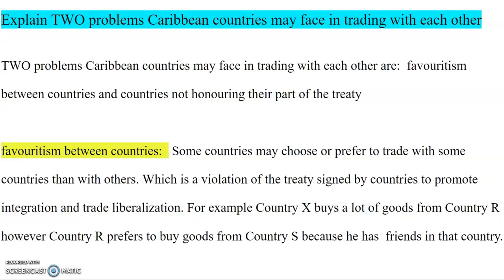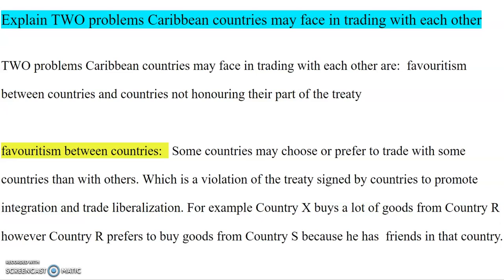Now, favoritism, because the question says explain, we're just going to write a little more on our answers. Favoritism between Caribbean countries means that some countries may choose or prefer to trade with certain countries rather than with others.